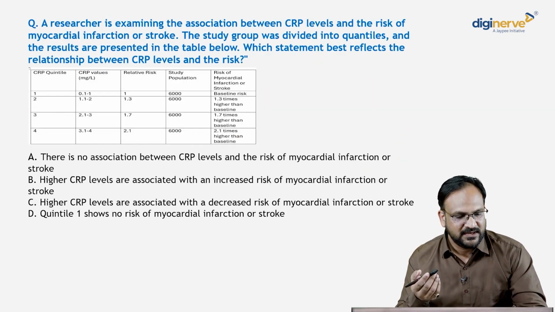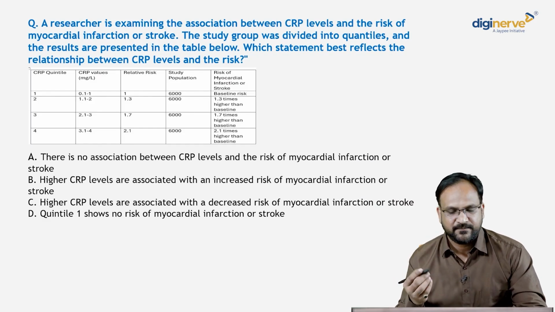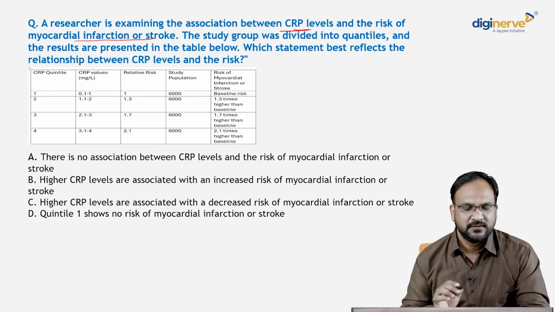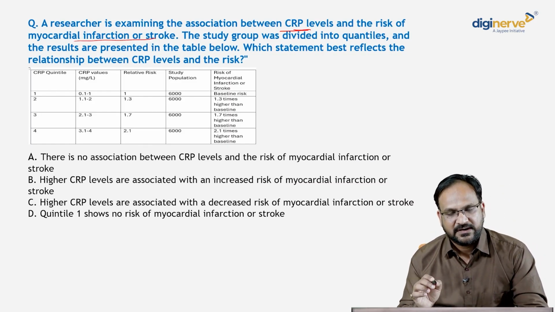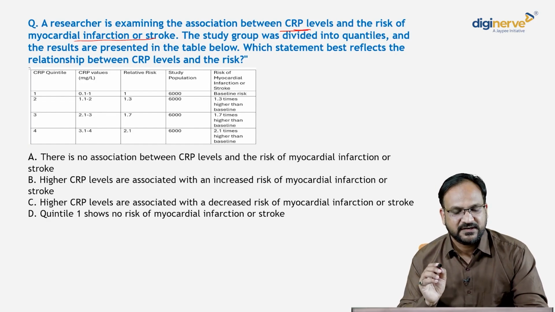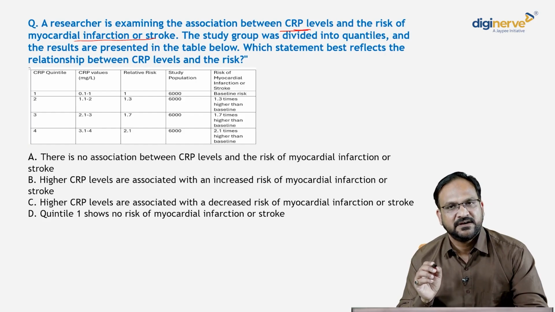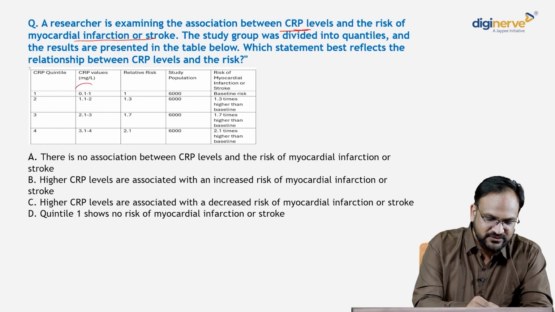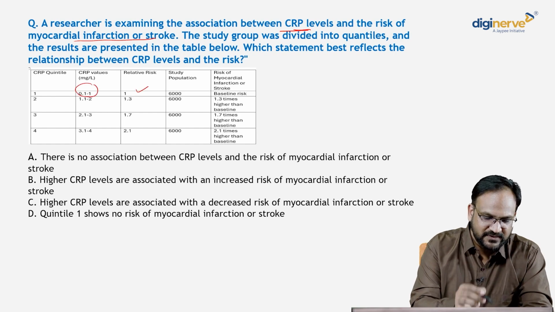The next one is, a researcher is examining the association between CRP level and the risk of MI or stroke. The study group was divided into quantiles and the results are presented in the tables below. So we have to study the table, which statement best reflects the relationship between CRP level and the risk. What we are seeing is that CRP level is 0.121 here, then the risk is 1.